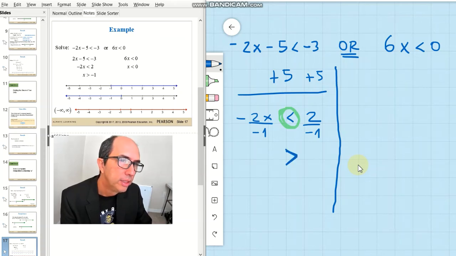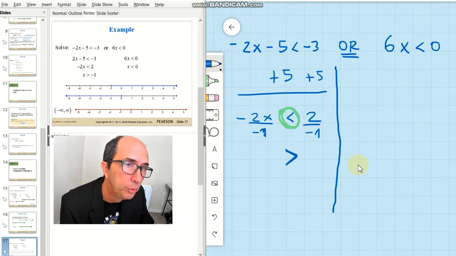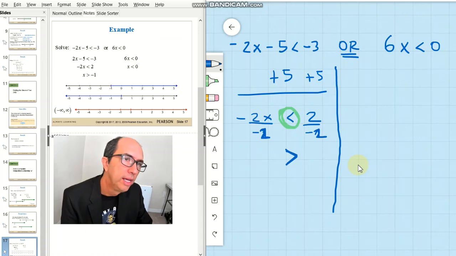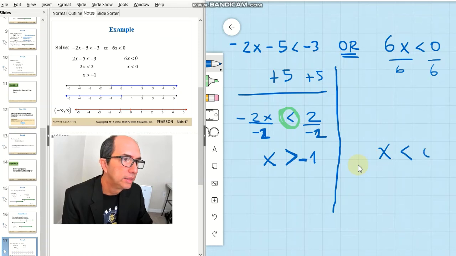Then we have this, flip it, and we have, don't divide by negative 1, divide by negative 2 to simplify. Okay? Then you're going to have x is greater than negative 1, 2 divided by negative 2, negative 1. On the other side, we will have 6x less than 0. Divide both sides by 6. Means x is less than 0.